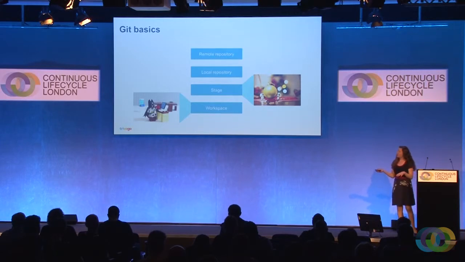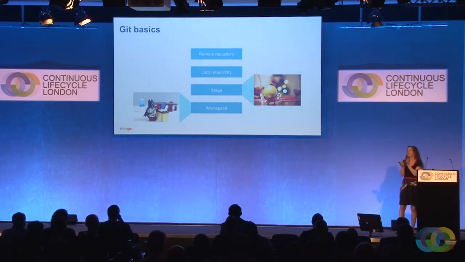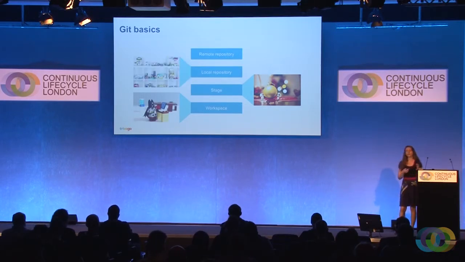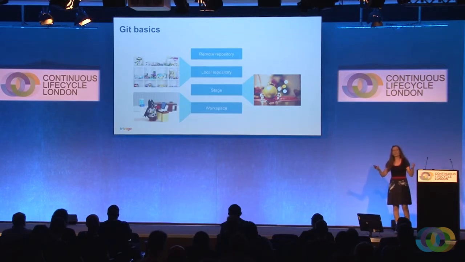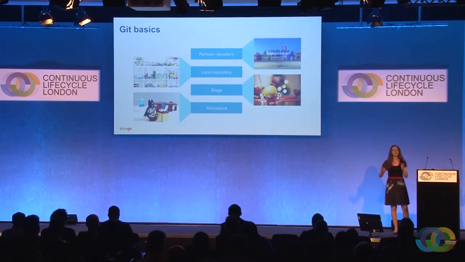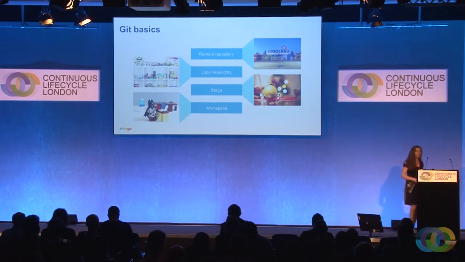The stage environment you can think of like a packaging area where you wrap up the code to send it away. The local repository you can imagine as the shelf behind you where you exhibit all your wonderful work. And the remote repository is, of course, where all your things are kept really safe and forever, hopefully.